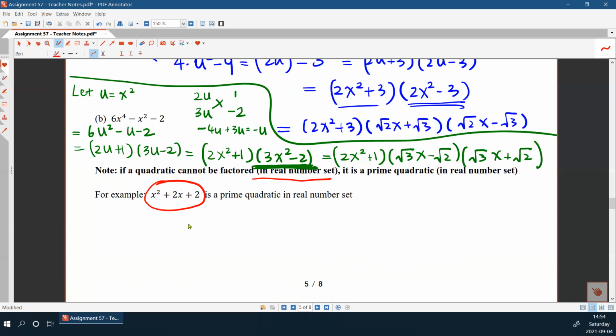So this quadratic is called a prime quadratic, right? That means it only has a factor of 1 and itself. Understand?